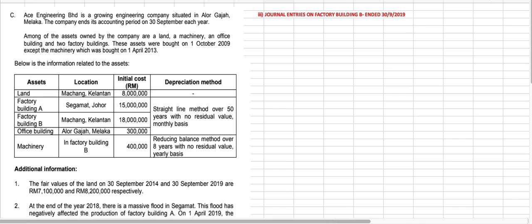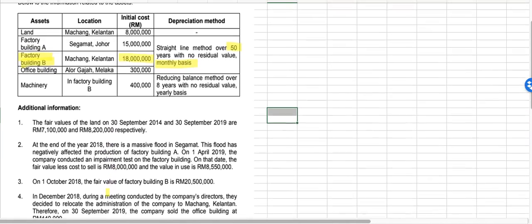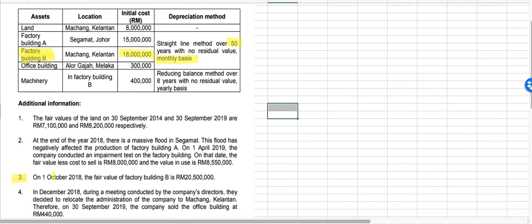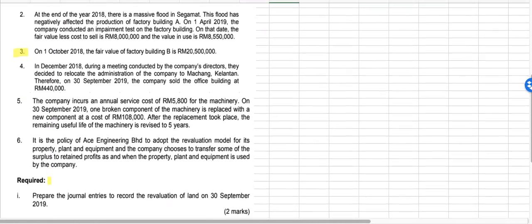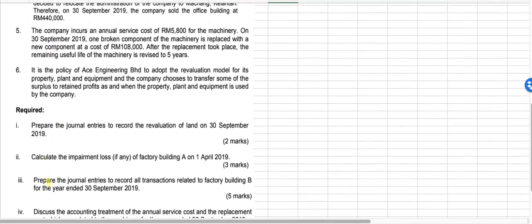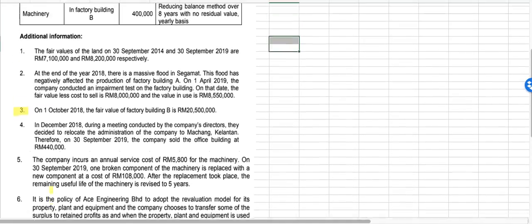So now we are looking at only factory building B. The initial cost is 18 million, the useful life is 50 years, using the monthly basis, and then we take the additional information number 3 and prepare the journal entry.